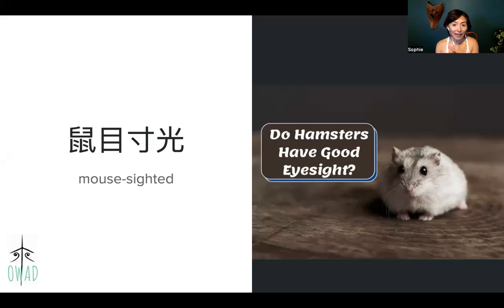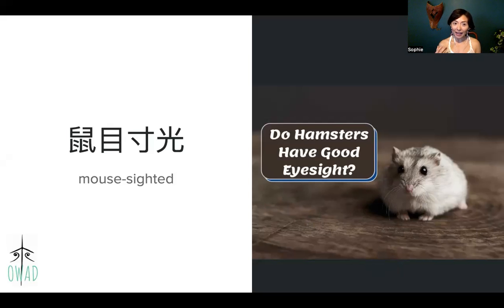I searched online to see if that's true: do mice or rodents really have short-sighted eyesight? It turned out to be true. Somebody answered this question: hamsters can only see a few inches away from the tip of their nose, so probably this far. That's how short the sight is.